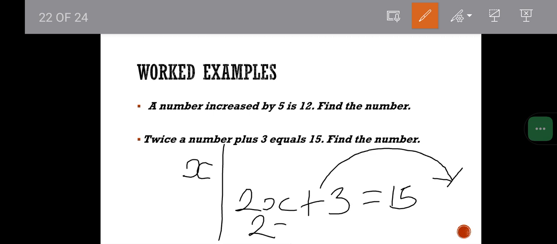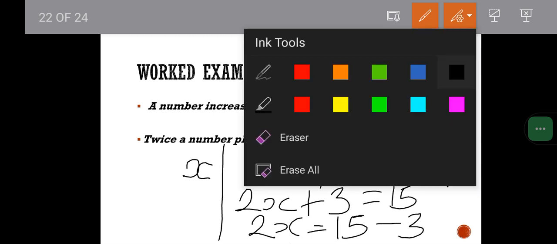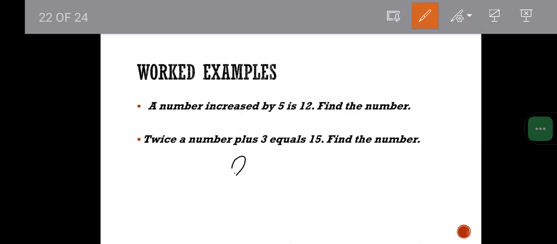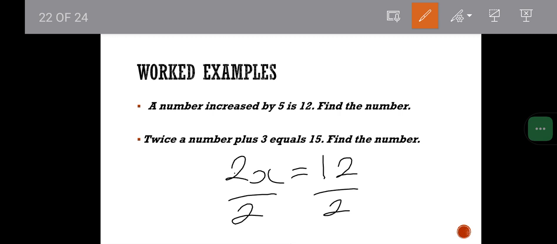We're going to have 2x equals 15 minus 3. And this becomes 2x equals 12. And you know what to do. Divide both sides by the coefficient, and that is 2.